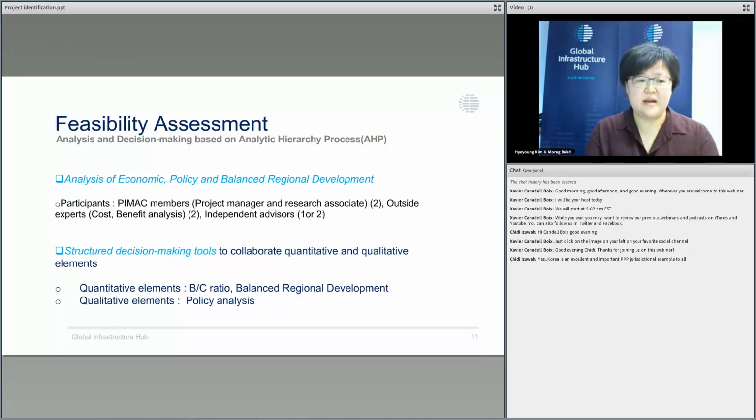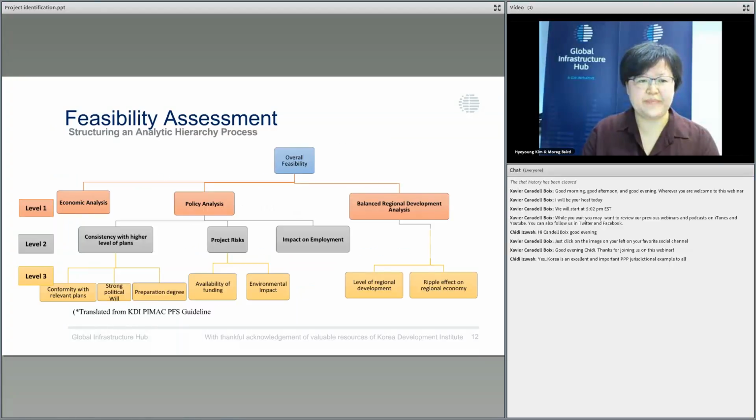And after the analysis, the decision-making process follows. We have quantitative and qualitative analysis elements, so we needed to structure and organize the assessment analysis elements. So we devised the Analytic Hierarchy Process.